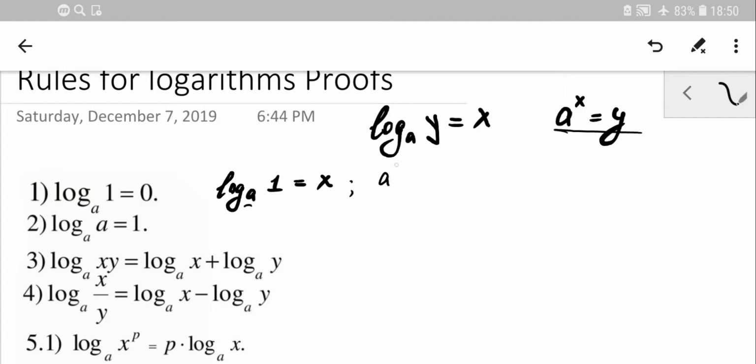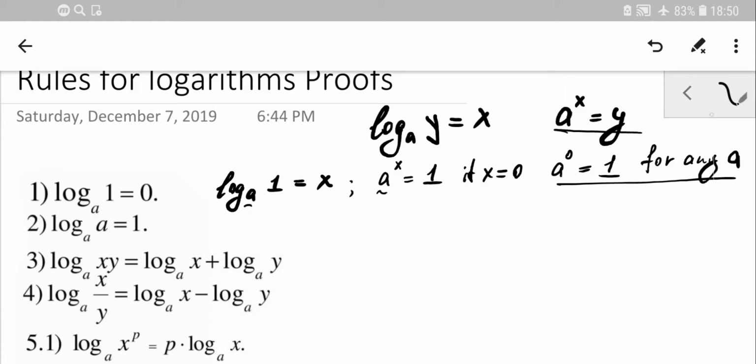You'll get a to the power of x equals 1. In this case, no matter which base a, if x is 0, you'll get a to the power 0 is 1, for any a. So that makes sense. If x is 0, this property is proved. Okay, so we proved the first one.